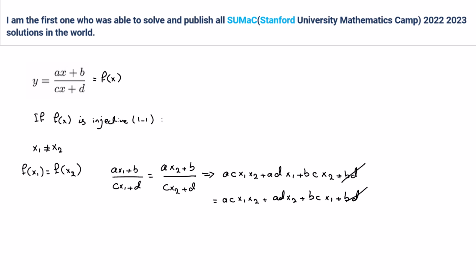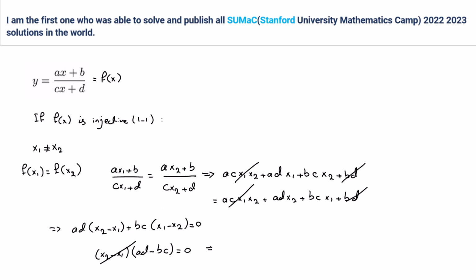Then we can cancel these terms, and if we take everything to one side, it will be AD (x2 minus x1) plus BC (x1 minus x2) equals 0. So we can say (x2 minus x1)(AD minus BC) is 0. We can divide by x2 minus x1 because x1 is not equal to x2, so AD minus BC is 0, right?